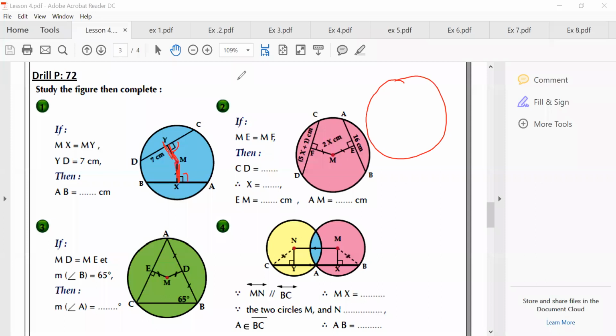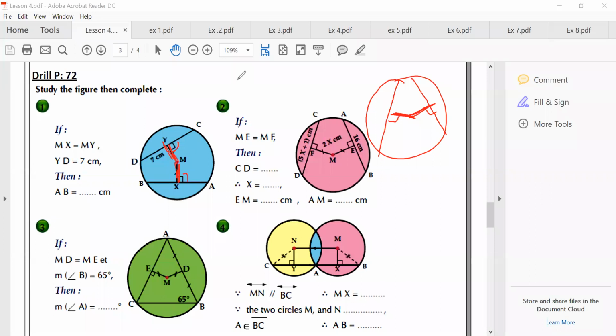If I have two equal chords, and this is the center, and I have a distance from the center to the chords, and the perpendicular distance, not any distance, then these two distances are equal, or equidistant from the center.